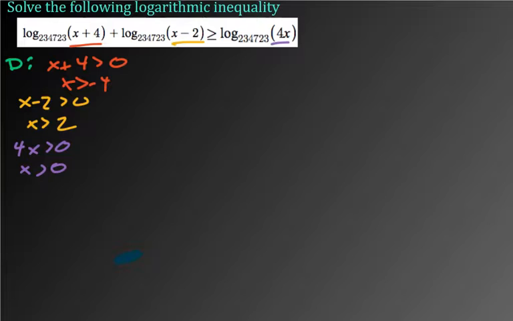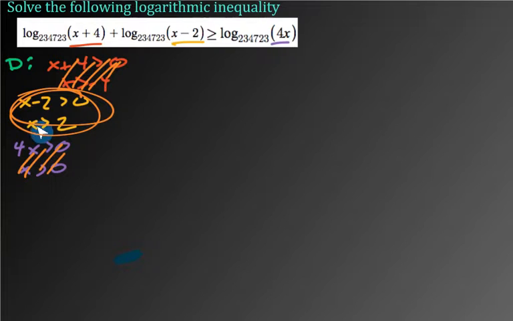So we need the most restrictive thing, right? So we need x to be bigger than 2. The only thing I'm basically going to be interested in as the final answer is anything bigger than 2. Bigger than 0, bigger than negative 4 is included in that. So that becomes my main domain restriction in this problem, okay?